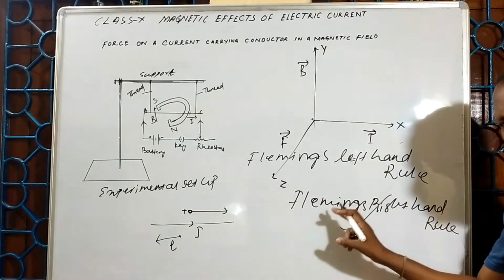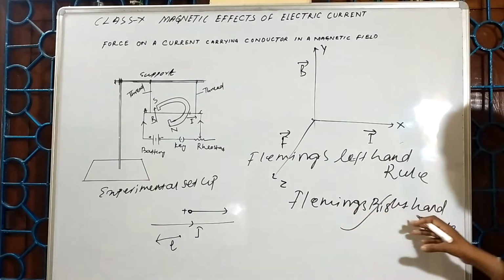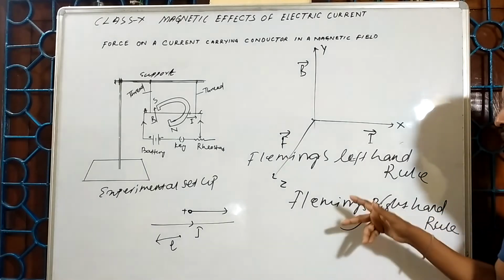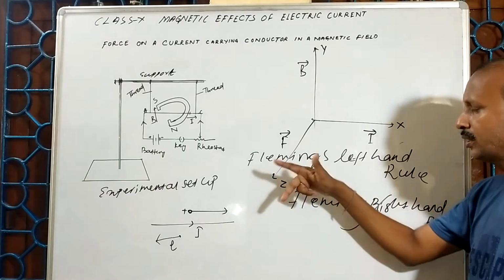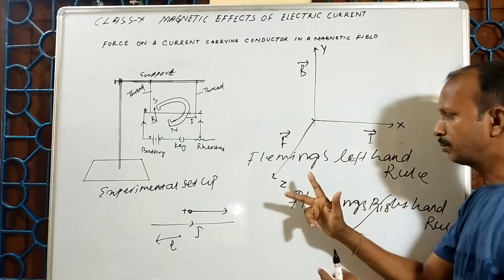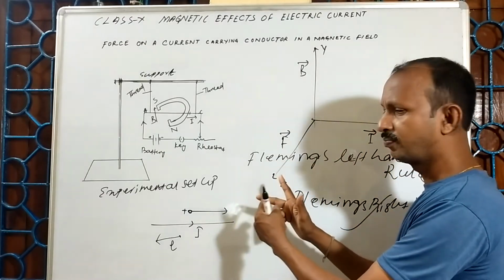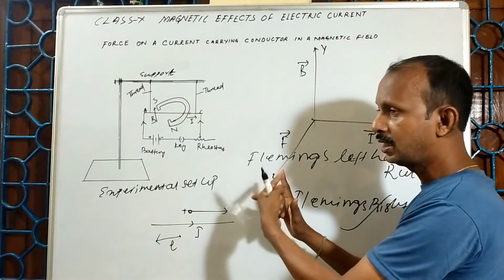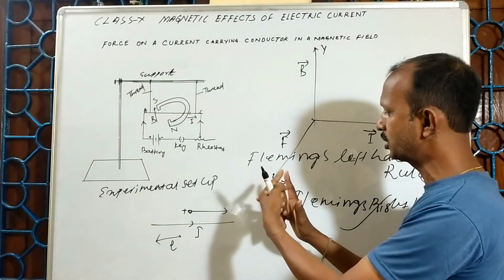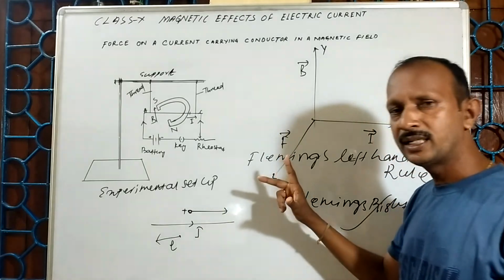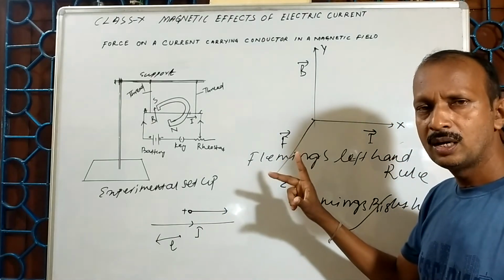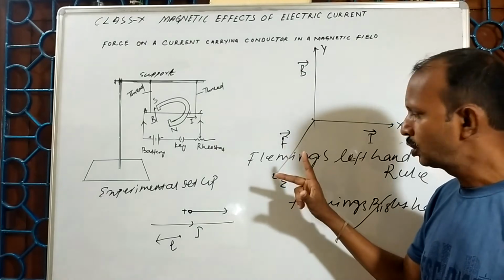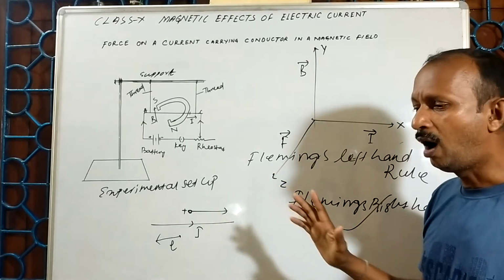But we can also use Fleming's right hand rule. If you want to show the right hand rule, then we have to point the central finger towards the direction of flow of electrons. The forefinger shows the direction of the magnetic field. Then the thumb shows the direction of the force, which is in this case outward.